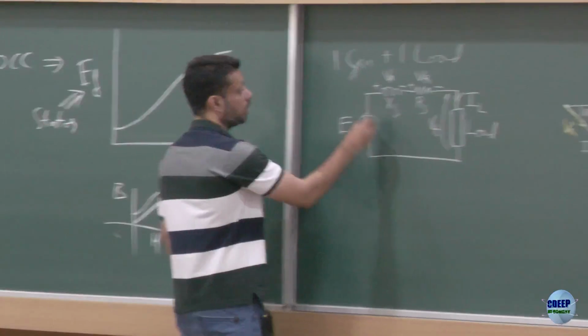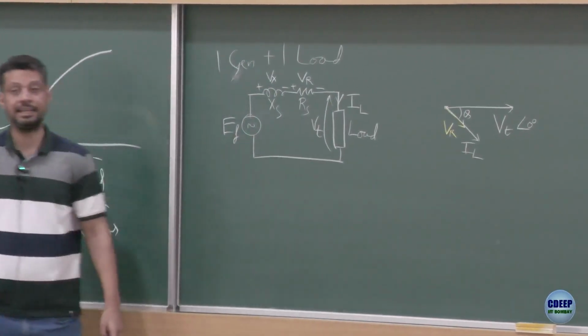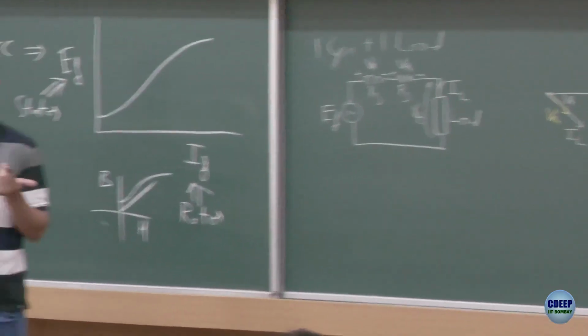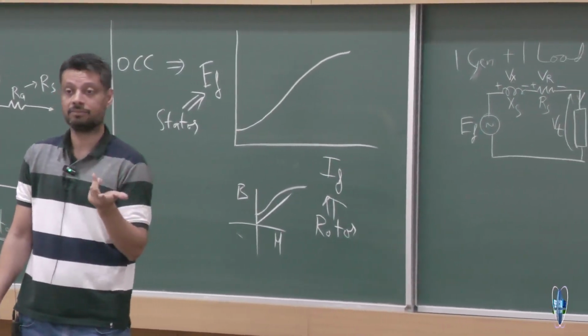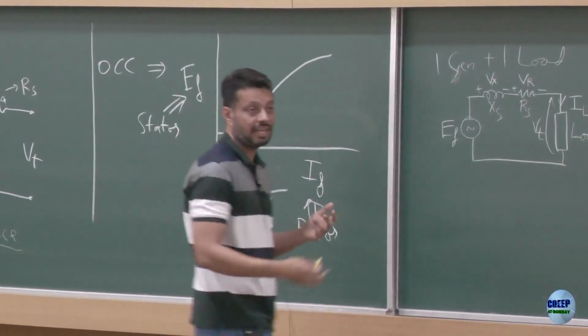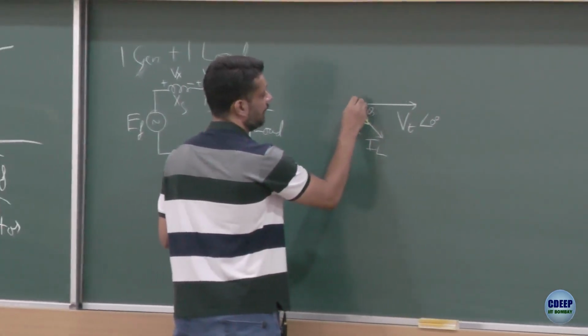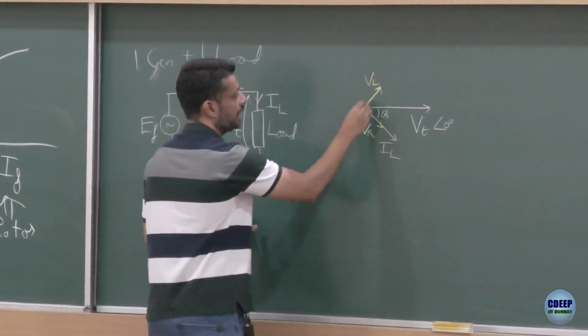What about Vx? Will Vx be leading or lagging IL? Leading, because current lags in the inductor, so voltage leads. So this is my Vx. Is that okay? 90 degrees.